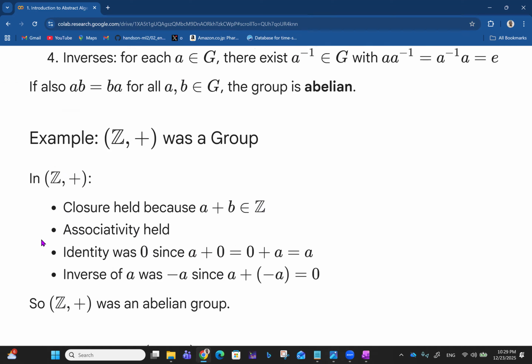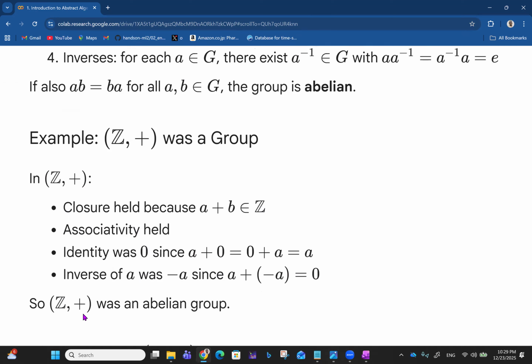That is associativity. Then you have identity. For addition, I already showed you that the additive identity is actually zero. That is, add zero to anything or add anything to zero, you always get that thing. Then there's also the idea of inverse of A. So the inverse of A would be minus A, since A plus minus A will give you the identity. I showed you that on the worksheet.